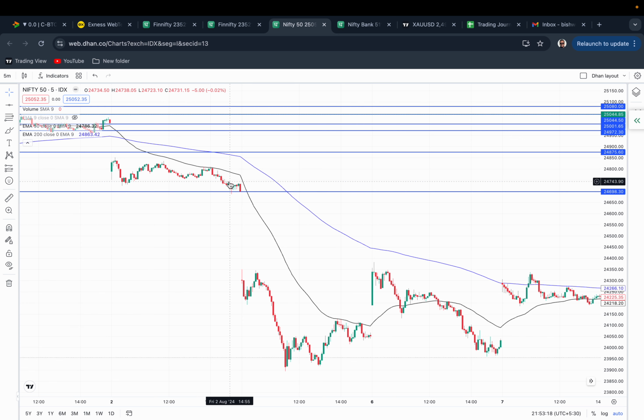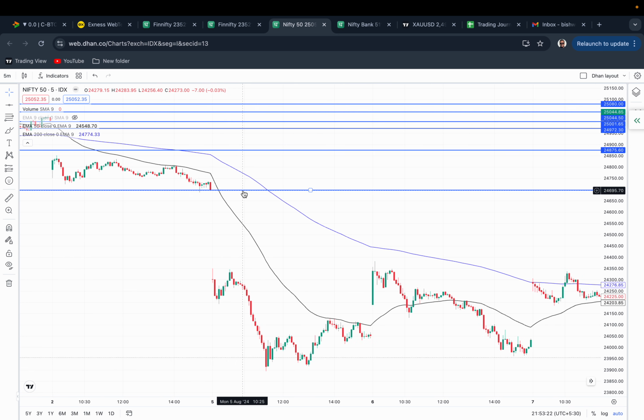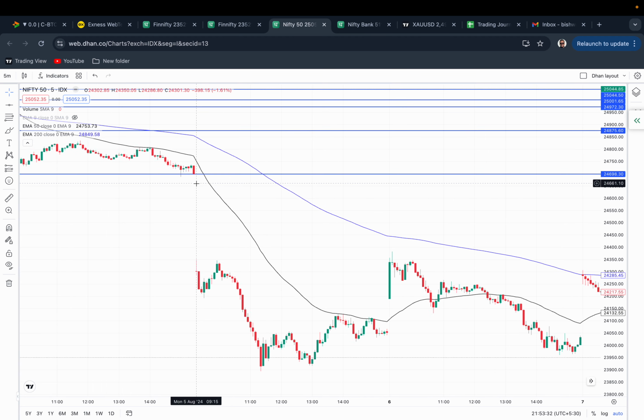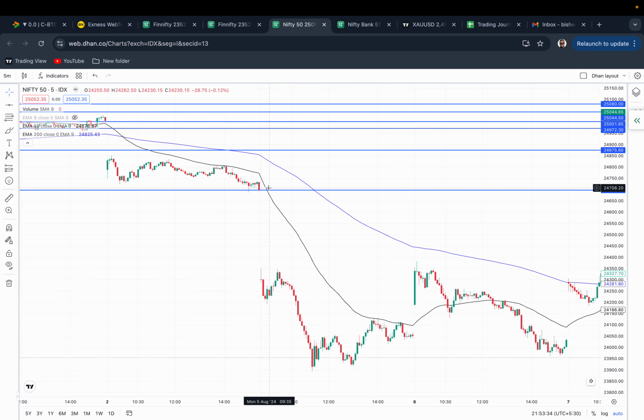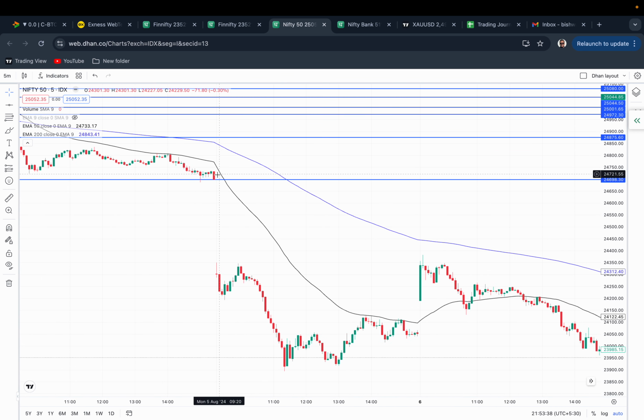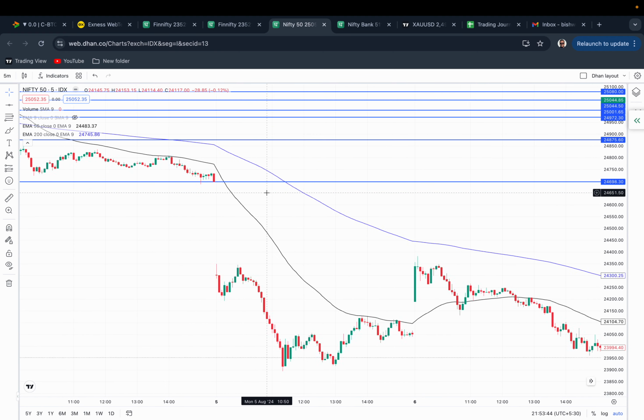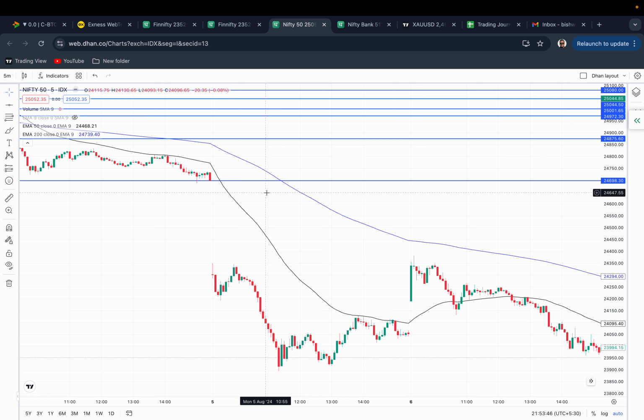On 2nd of August, the market had closed at the 24,699 mark. It was also the lowest point, no, not the lowest. Okay, so at this point the market ended, for which I took the support line from here and drew this.